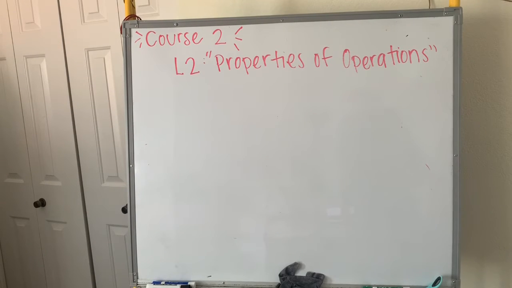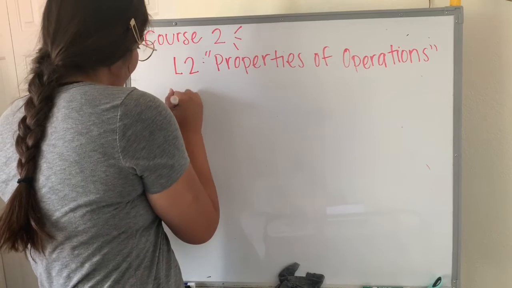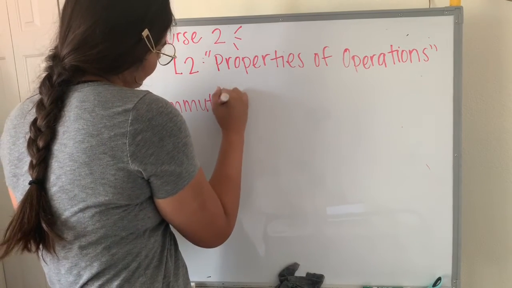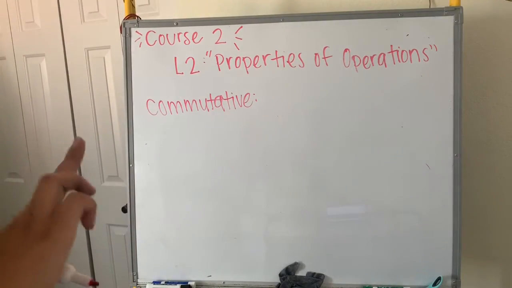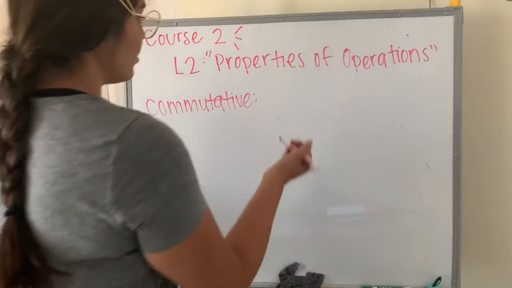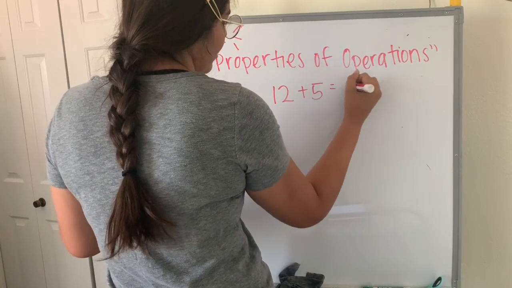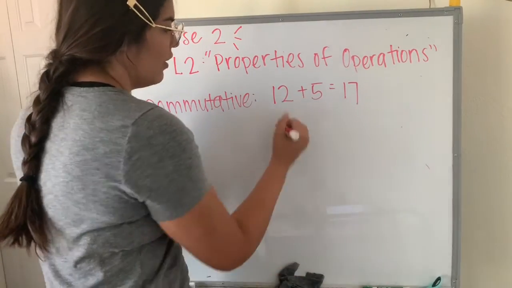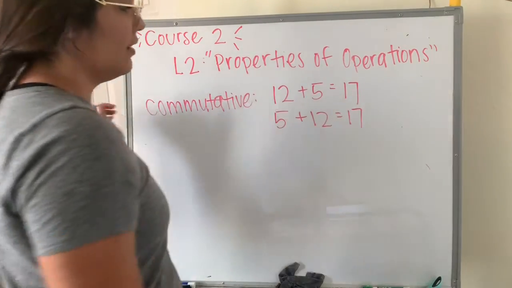Okay, now let's explore subtraction and division, because all of these properties only had to do with addition and multiplication. So let's review. Commutative meant what? Commutative means I can switch the order of numbers. For example, 12 plus 5 equals 17. 5 plus 12 also equals 17.